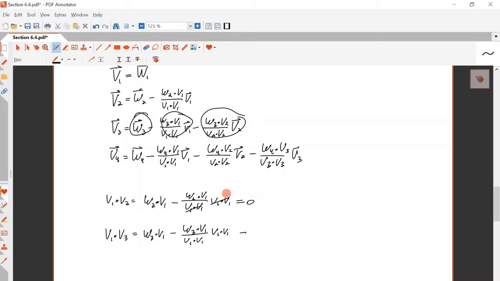We already know it's 0. We checked it, so that's why you've got to do it in order. So what do you get? V1 dot V1 cancel, and you get W3 dot V1 minus W3 dot V1. That's 0.